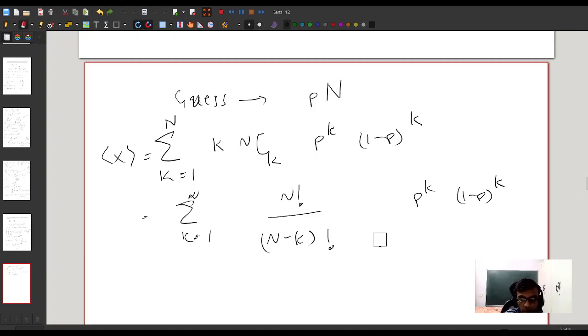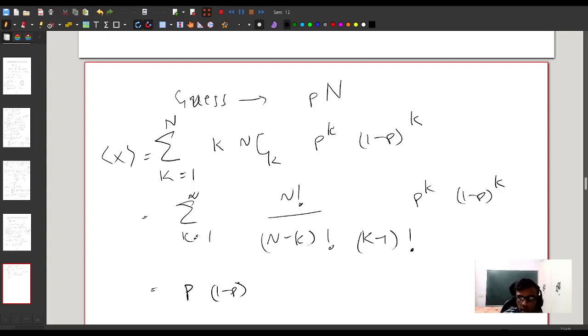So it's going to be k minus 1 factorial in the denominator, and it's going to be p times (1 minus p). Let's bring out the factors of these.